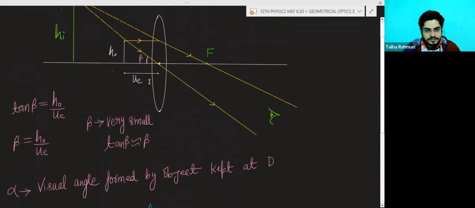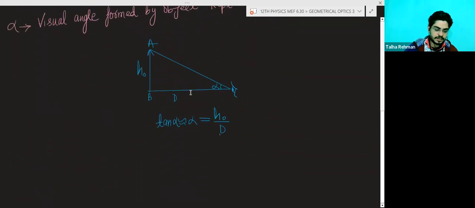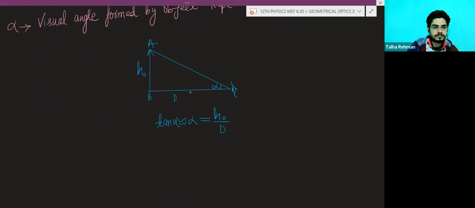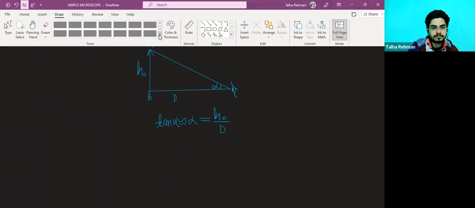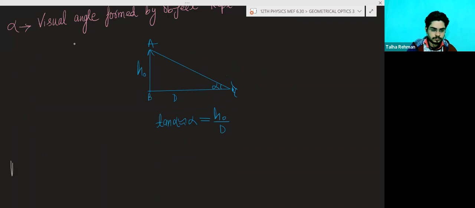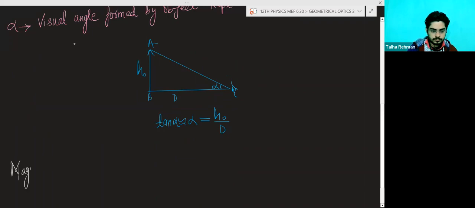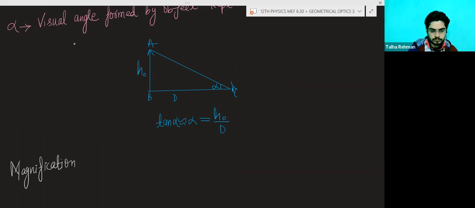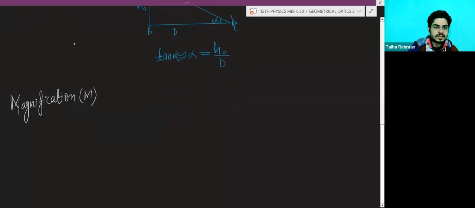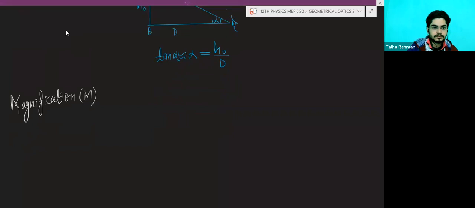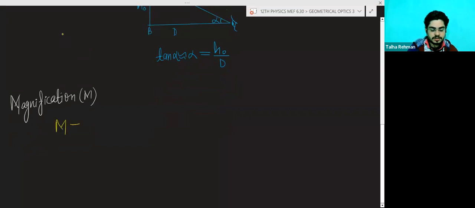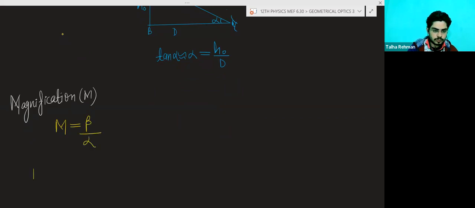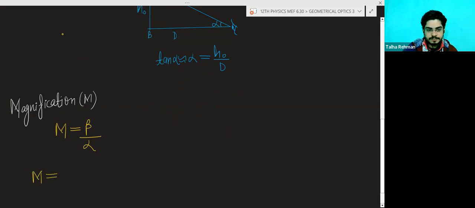Now there is a term magnification for this microscope. It will be represented by capital M. Magnification is beta by alpha. So magnification is calculated by beta.